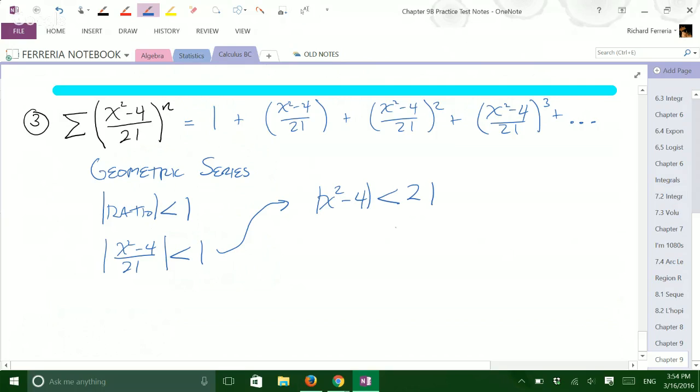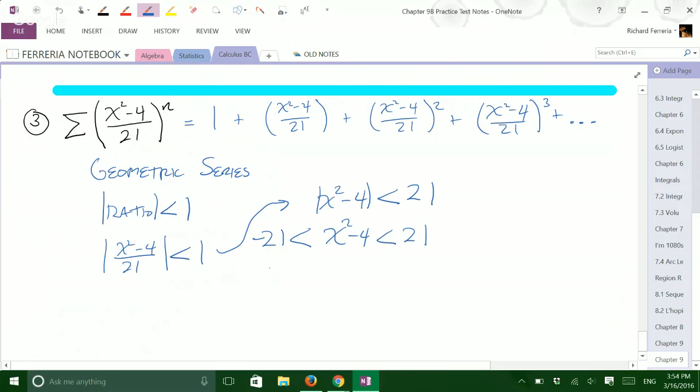This is a little bit difficult because we are dealing with absolute values. What are we doing here? x squared minus 4 should be between 21 and negative 21, right?